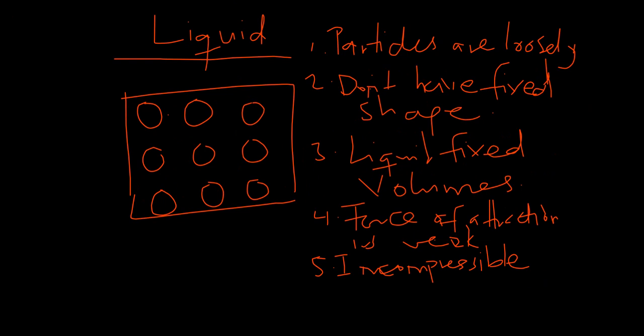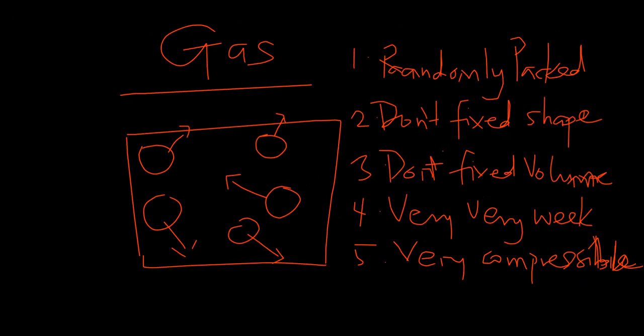Then finally, we looked at gases. We said that particles are widely spaced and randomly packed. They don't have fixed shape. They also don't have fixed volumes, and they have a very weak force of attraction between them. Then finally we said that gases are highly compressible.